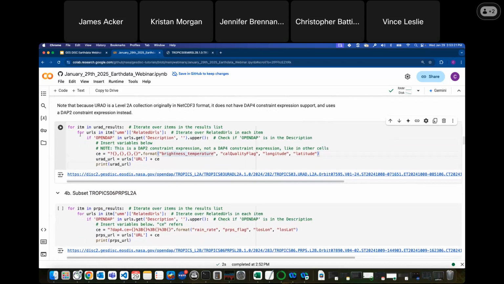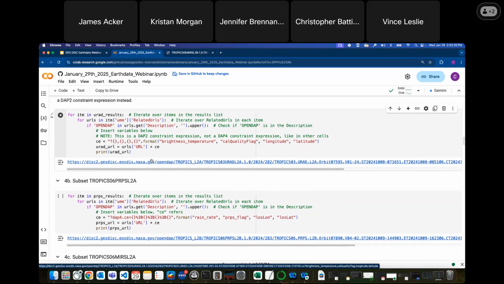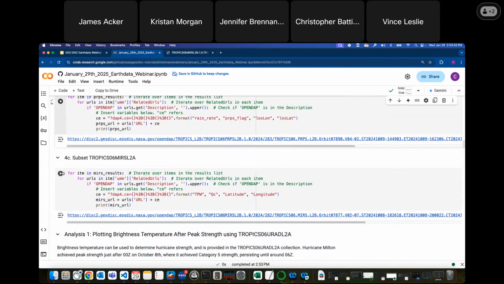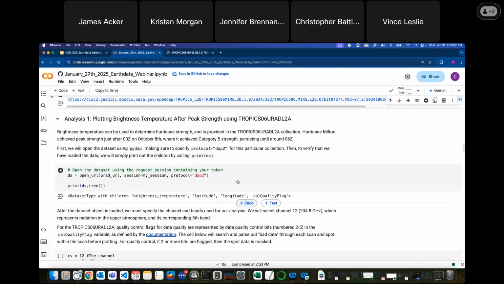So you can see that for URAD, we have brightness temperature, rain rate for PRPS, and we do that 3 different times. So let me go ahead and click Run for each of these cells. Something else to note is that if you were to click on these links here, you're going to be met with an error, and that's because these links are designed for PyDAP and not for downloading through the browser. So I run that 3 separate times, and now I've got all of my OPeNDAP links, so I'm ready to finally start my analysis.